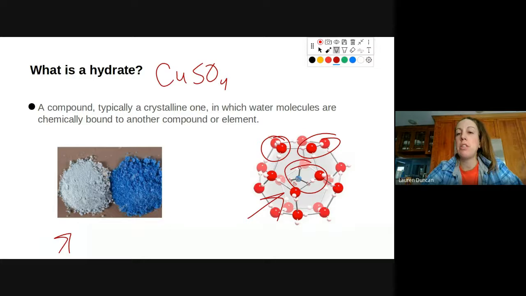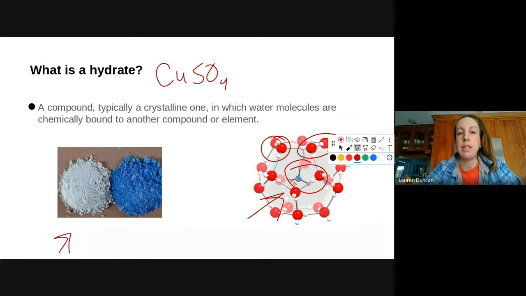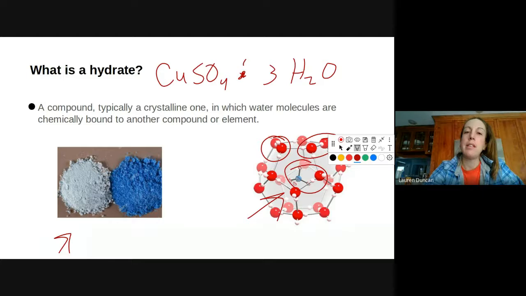So formulas for hydrates look kind of funky. They look like this. It's the formula for the ionic compound, and there's a dot, and then there would be a number, like say 3H2O. That dot doesn't mean multiply. You could think of it as meaning attached to. Sorry, I'm using my finger, I don't have a stylus.